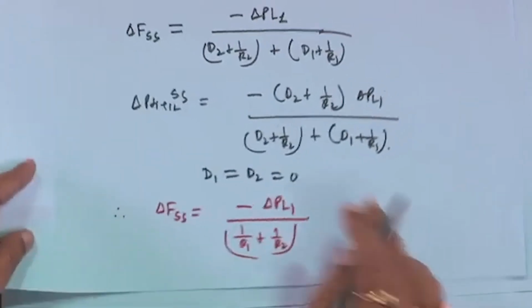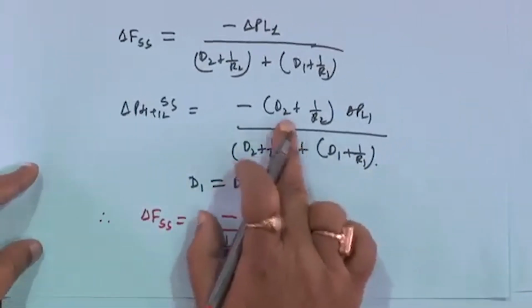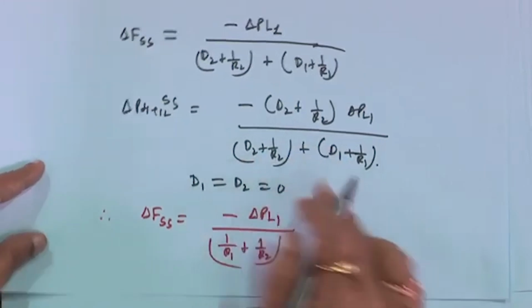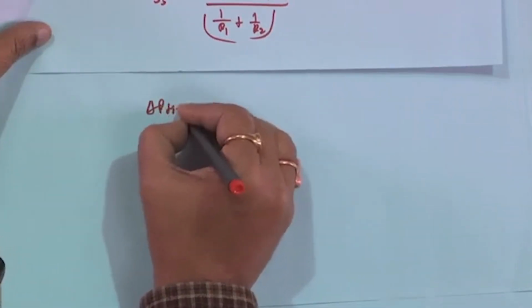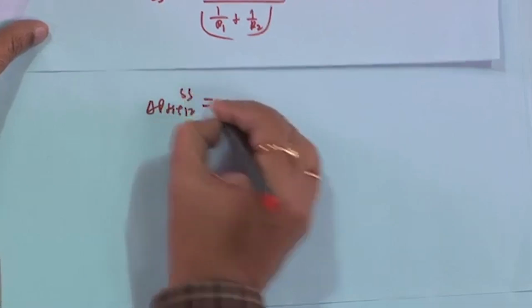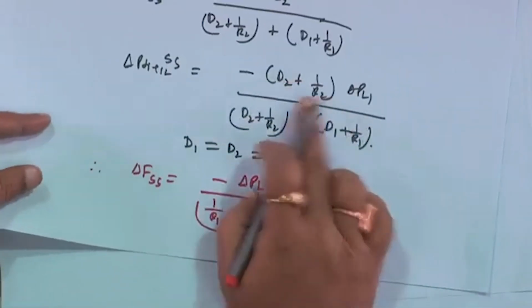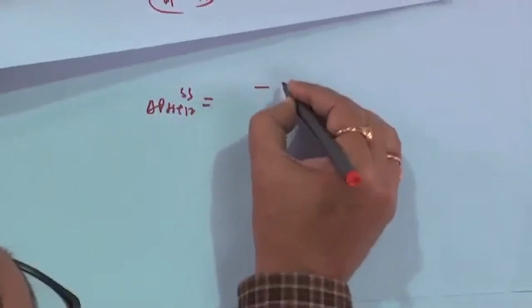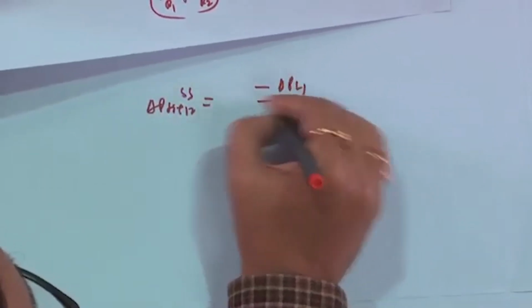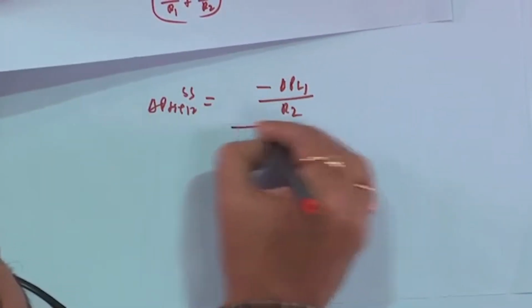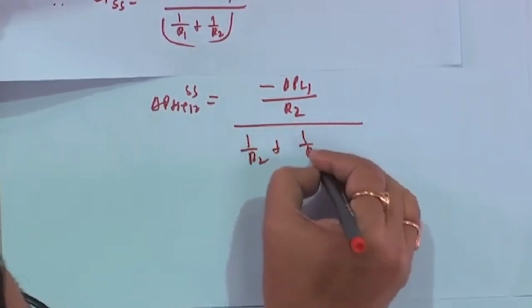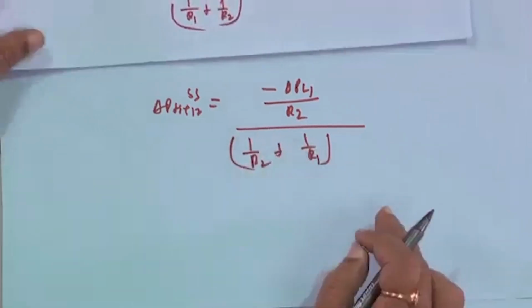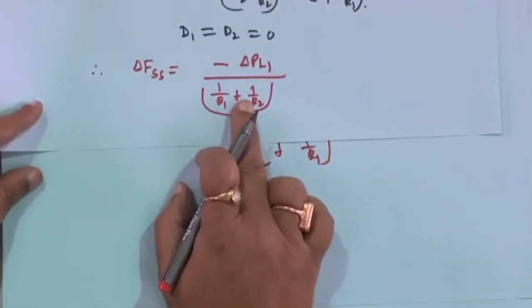Similarly, for delta P tie 1-2 steady state, with D1 and D2 both 0, it will be minus delta PL1 divided by R2, over 1 upon R2 plus 1 upon R1. This is delta P tie 1-2 steady state, and this is delta F steady state.